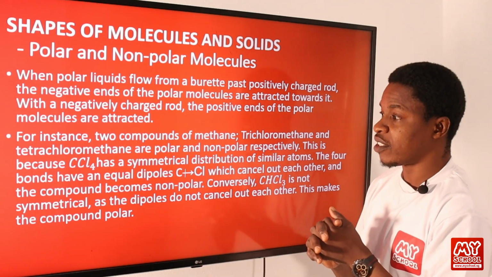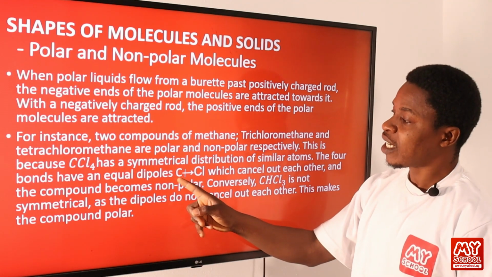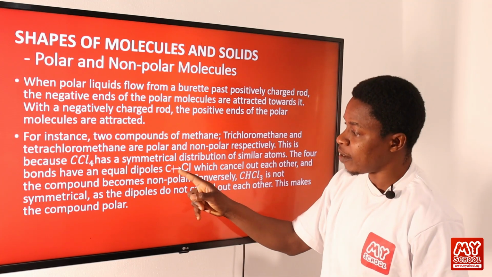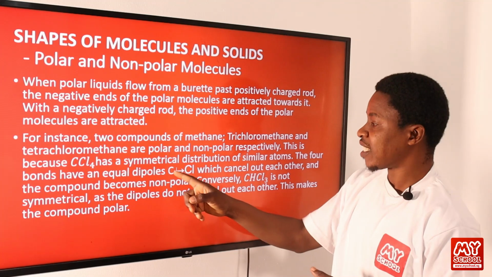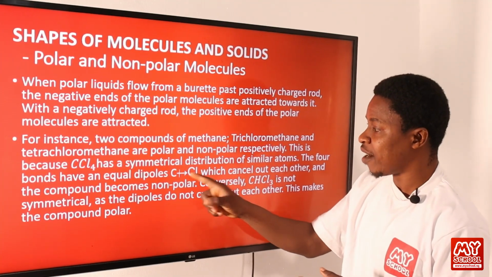Then the 4 bonds have equal dipoles. You can see the carbon with chlorine attached to it. This is the symbol we use to show that it has a bond attached to it. And because they are equal, they have equal dipoles. We have this arrow like that.